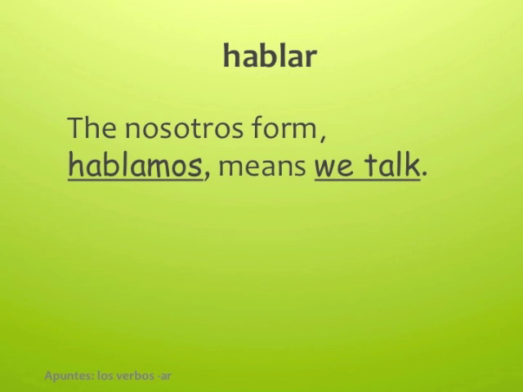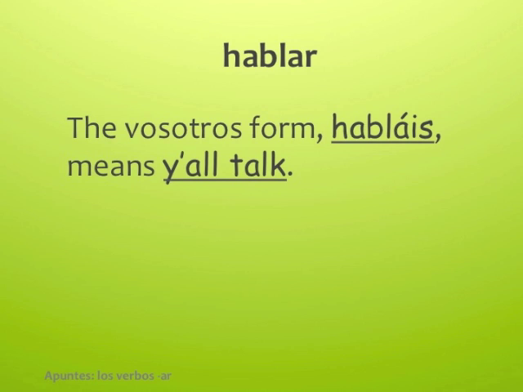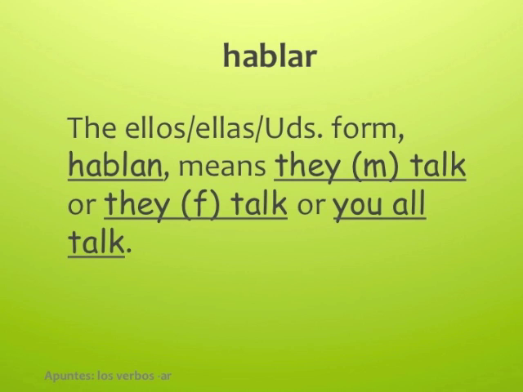The nosotros form, hablamos, means we talk. The vosotros form, habláis, means y'all talk. And the ellos, ellas, ustedes form, hablan, means they, masculine, talk, they, feminine, talk, or you all talk.